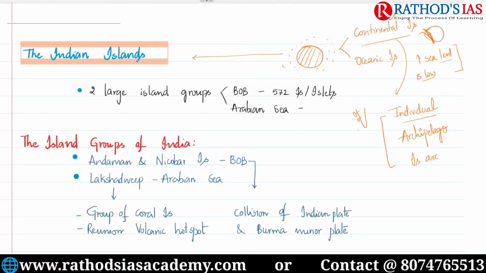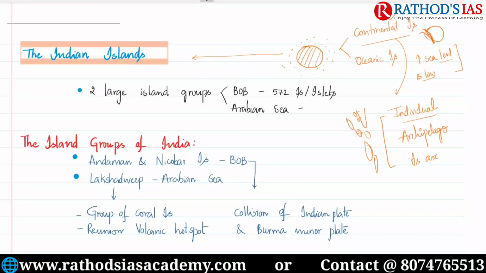An archipelago is a group of islands together, and they may have different shapes and also different sizes. The next one is island arcs. These are islands which form an archipelago in the shape of a loop around the mainland.